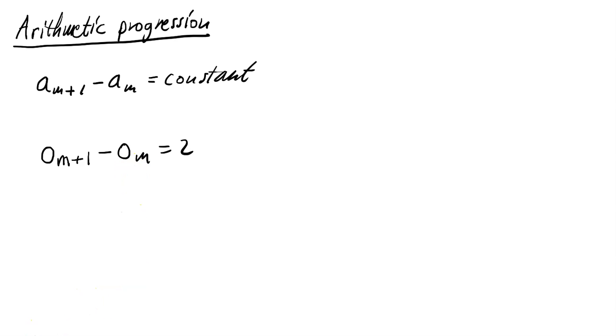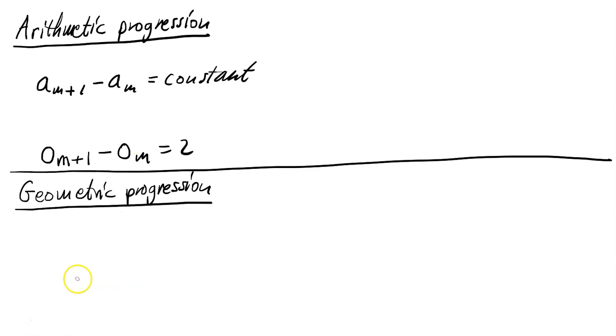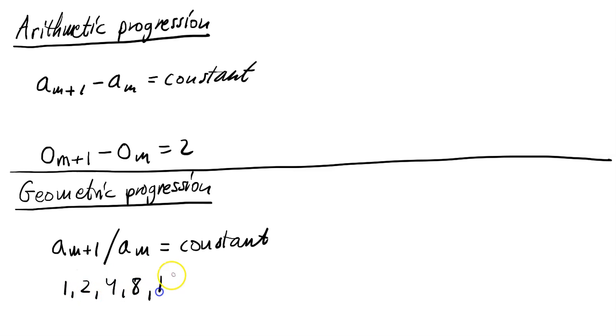And then you have a geometric progression. Here the quotient between two consecutive numbers is a constant. So if you take the (n+1)th number and divide by the previous number, then that's a constant. For example, the sequence 1, 2, 4, 8, 16, 32, and so on.